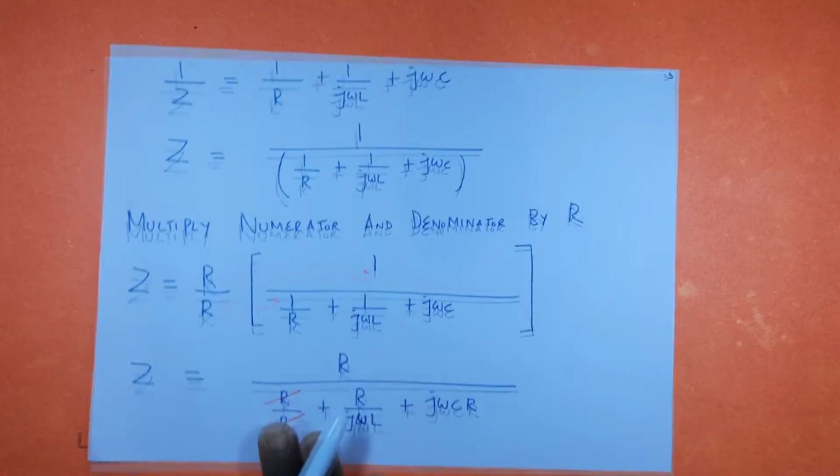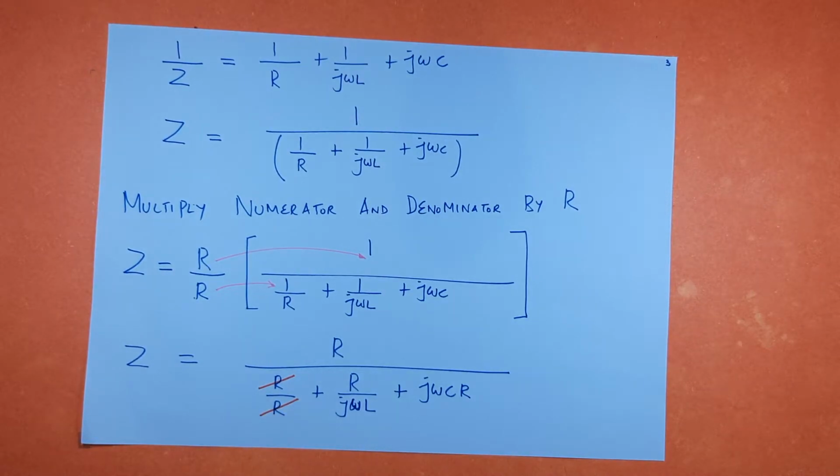So you can write 1 by Z equals 1 by R plus 1 by j omega L plus j omega C. We have to find out what Z is. So take the reciprocal.